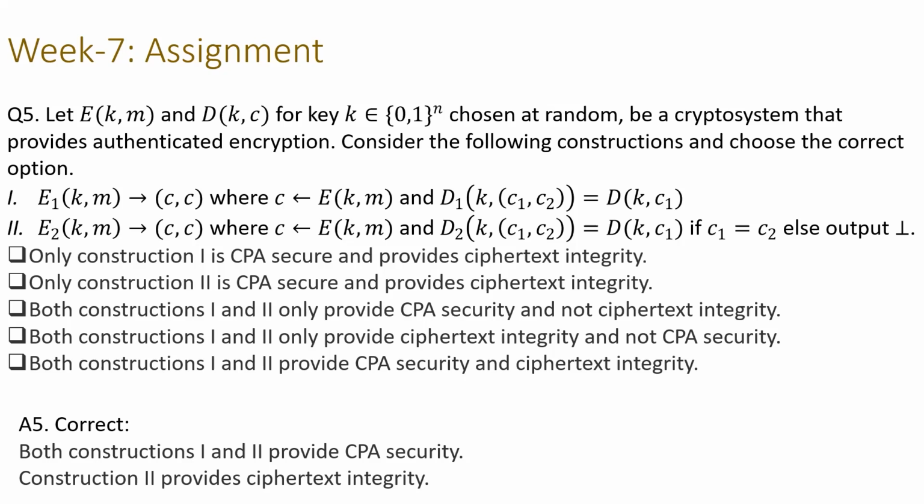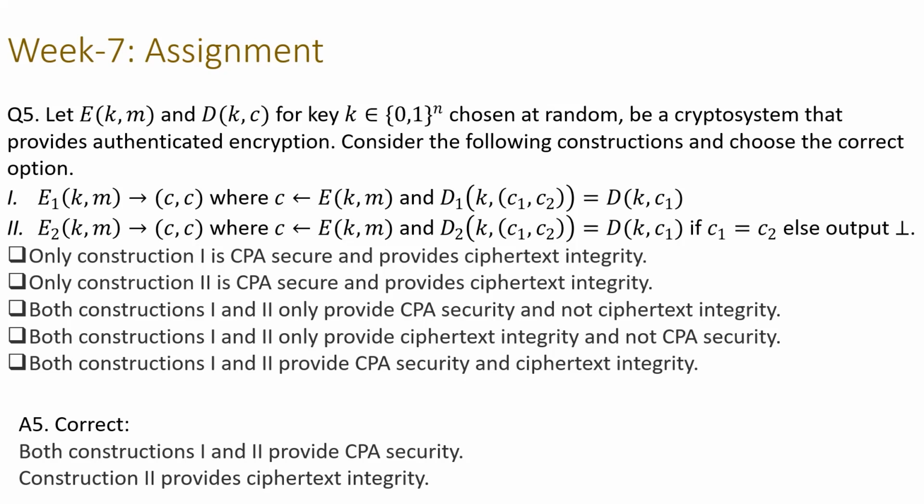But whether it ensures ciphertext integrity: here we say that the adversary can come up with some C1 comma C2 pair where it knows C1 is an encryption of a valid message M1, and it can just output C1 comma C2 where C2 need not be a valid encryption of any message. C2 can be any random ciphertext from the ciphertext space.